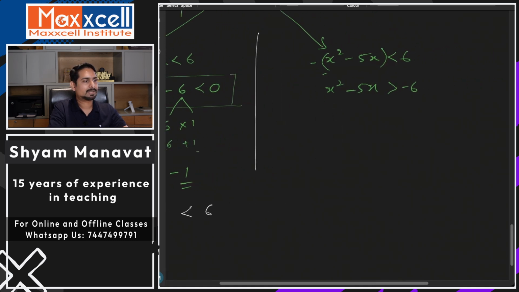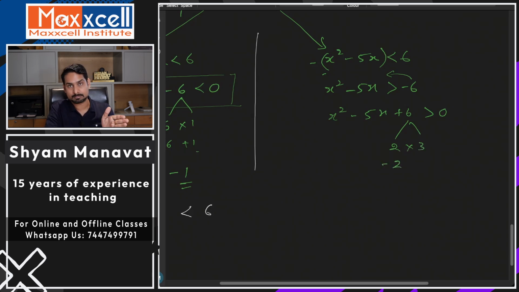Okay, now let's try this. If you remove the negative sign, what do you have here? You got, let me take this here. So it's x square minus 5x plus 6 more than 0. The two numbers which can get you product to be 6 and sum to be 5. How do you get sum to be 5? 3 plus 2, but you need minus 5 here, so you need minus 2 and minus 3.